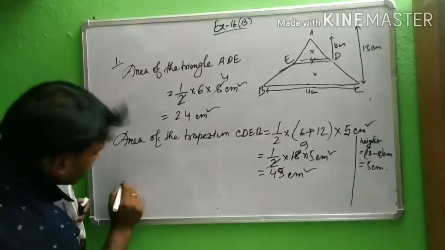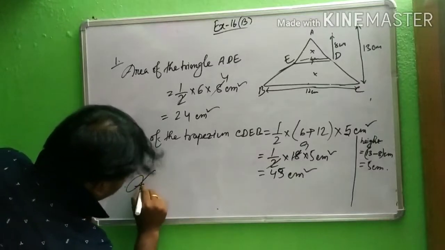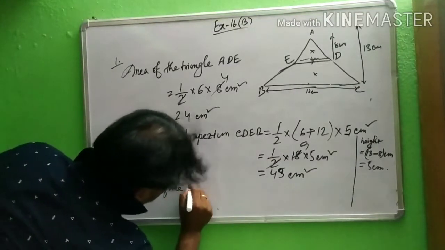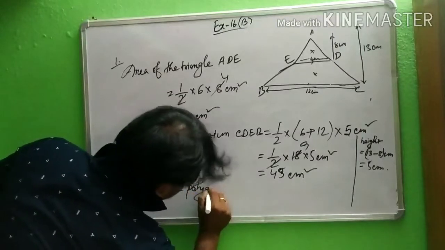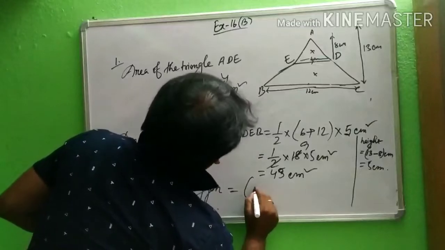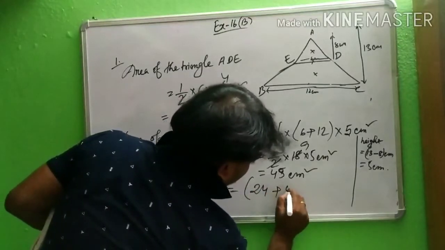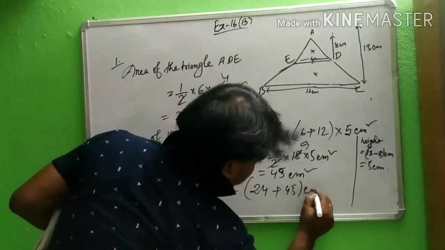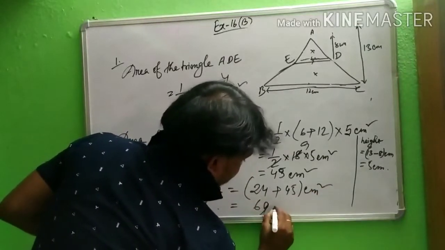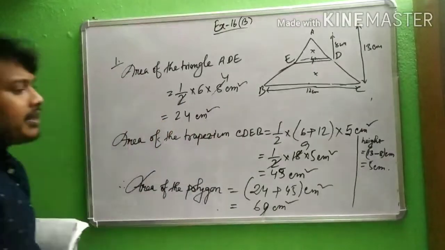So area of the polygon ABCDE equals 24 plus 45 centimeter square, it becomes 69 centimeter square. Very easy.